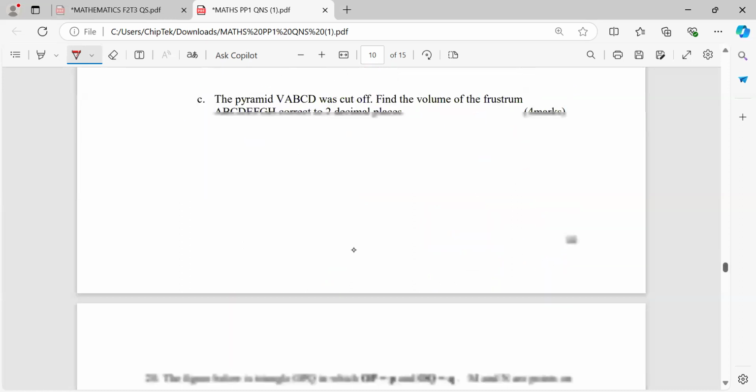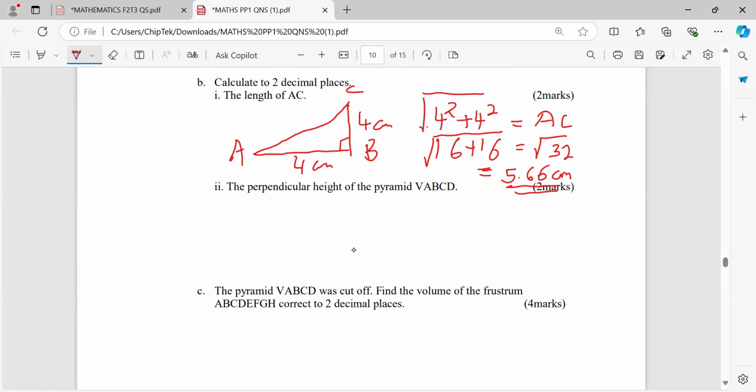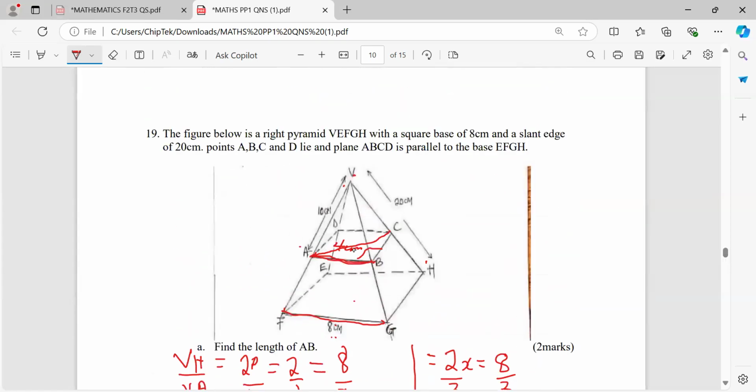So let's go to the other question here. Swali la tatu umeulizwa find the perpendicular height of the pyramid VABCD. Tunaenda hapa perpendicular height ya hii, so tutafuta hiyo perpendicular height for VABCD.